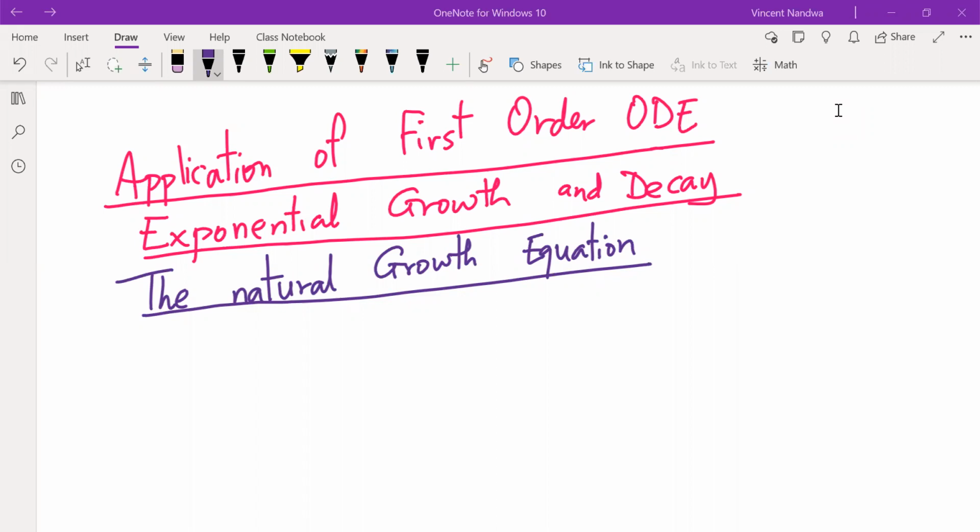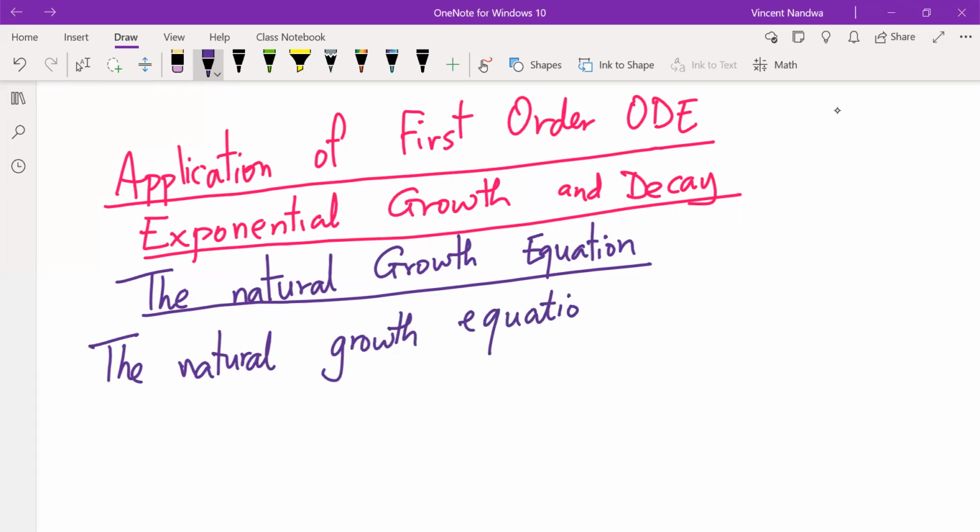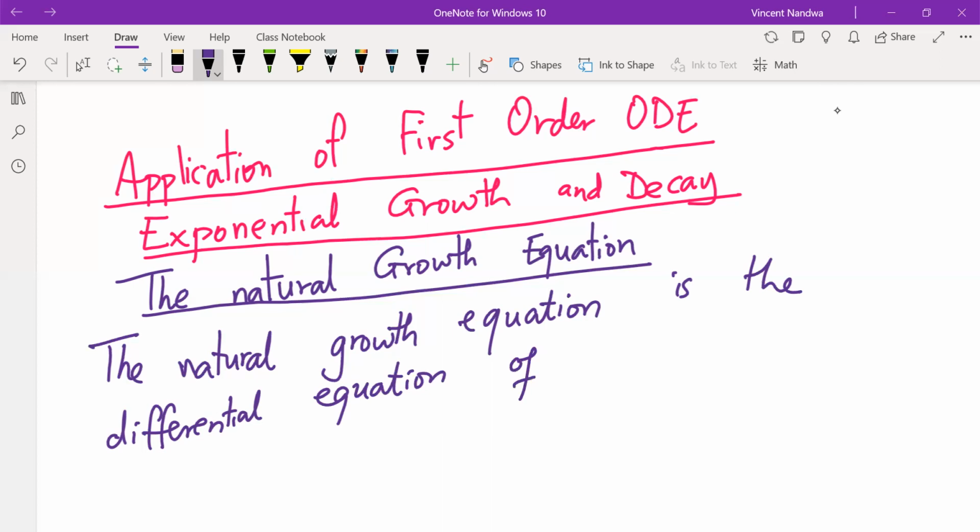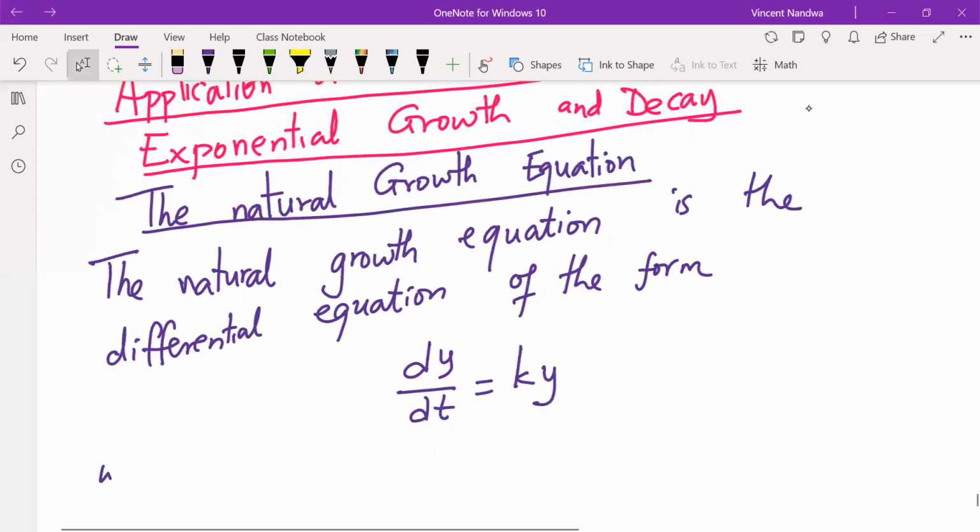So the natural growth equation is given by dy dt equals ky, where k is a constant.